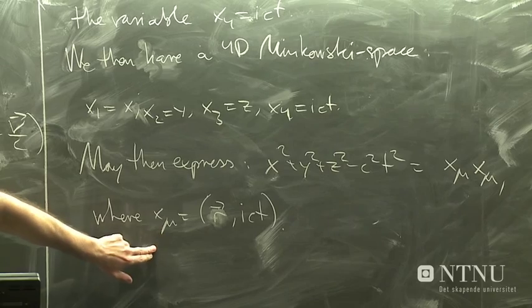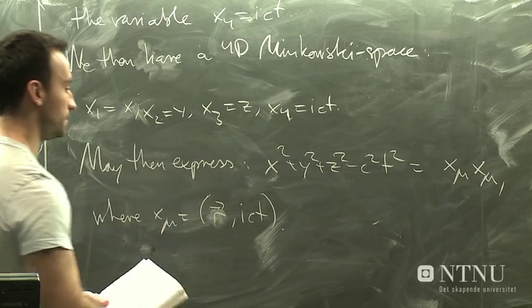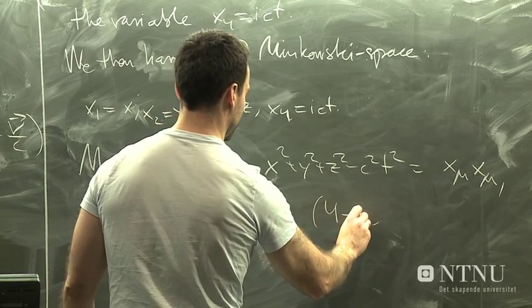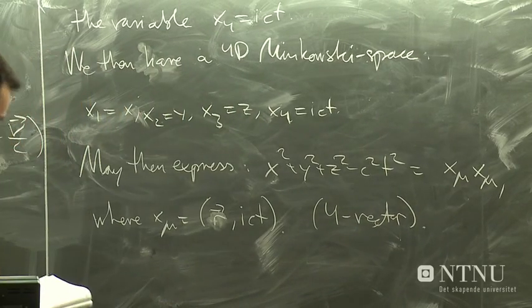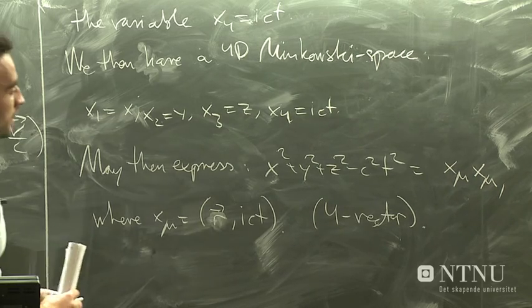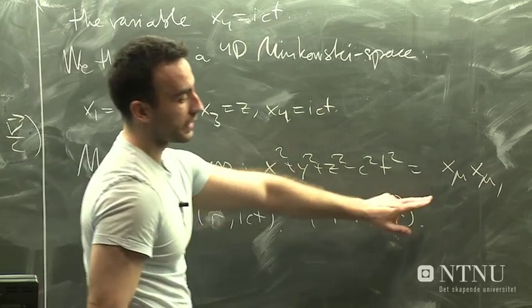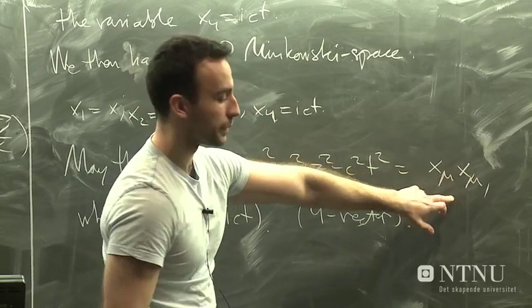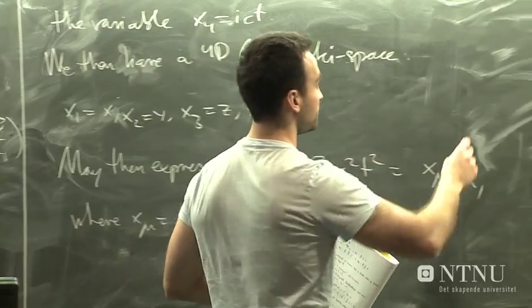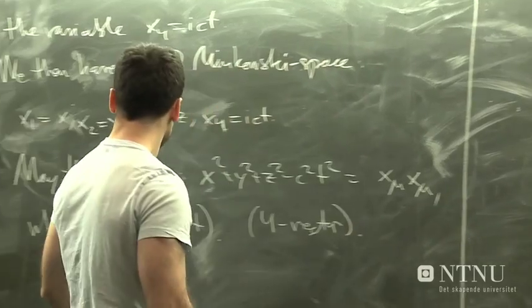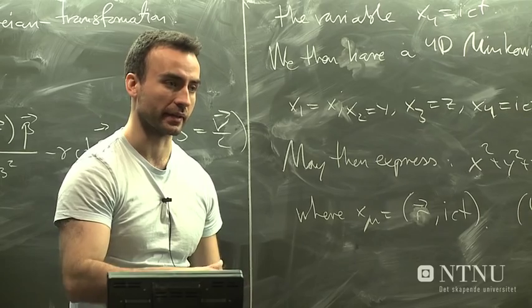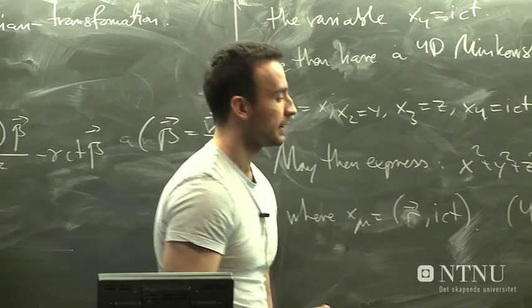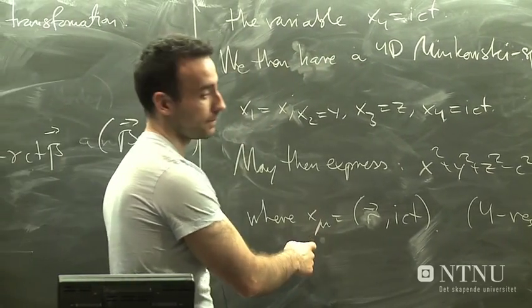And this x mu is known as a 4 vector. So we've used Einstein's sum convention here due to repeated indices, and to distinguish 4 vectors from our conventional 3 vectors that we use in spatial space, we have used a Greek index.